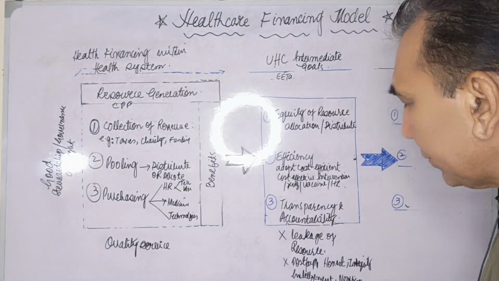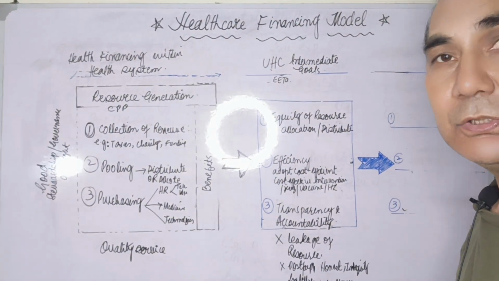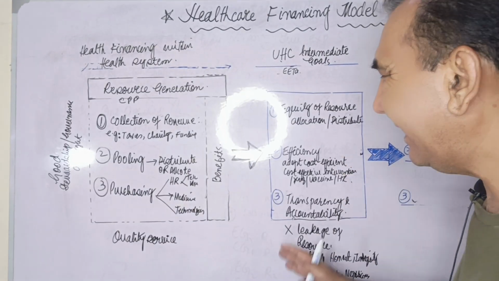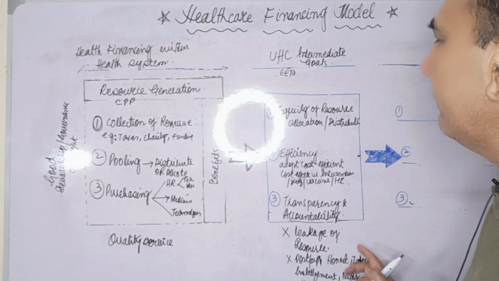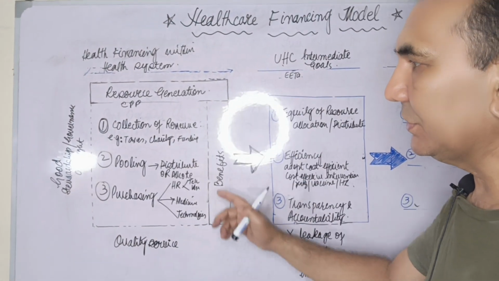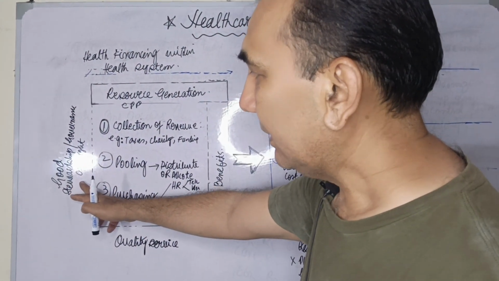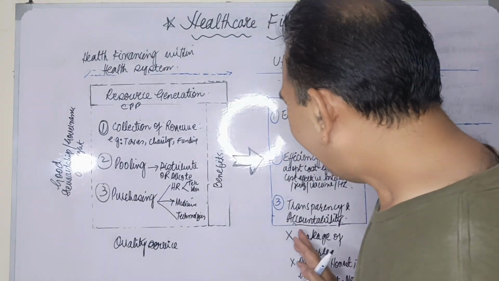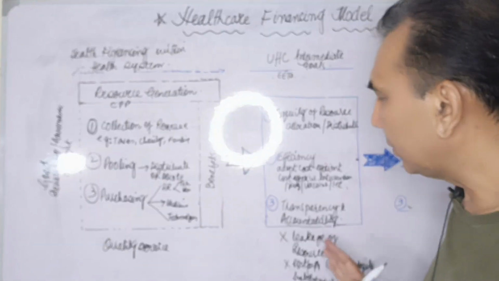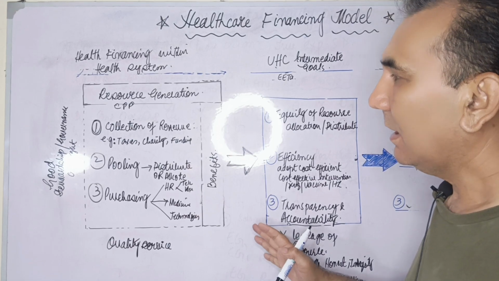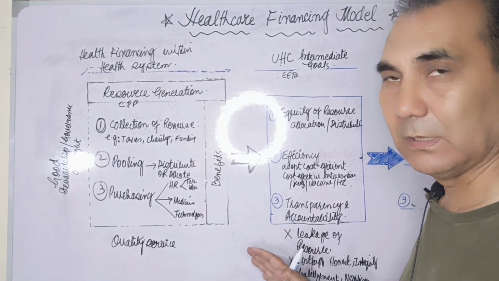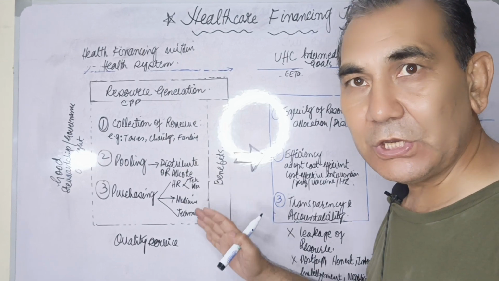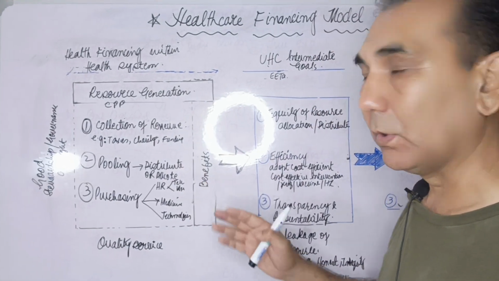And the second one, you should always give protection to whistleblowers. Whistleblowers are the main key informants who give information to the stewardship or governance level about the leakage of resources. So, as a good healthcare financing model, you should always give protection and appreciation to whistleblowers.